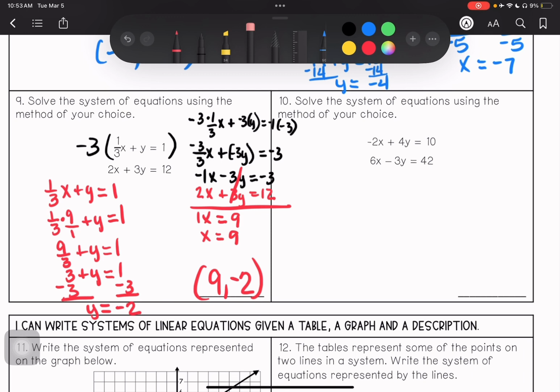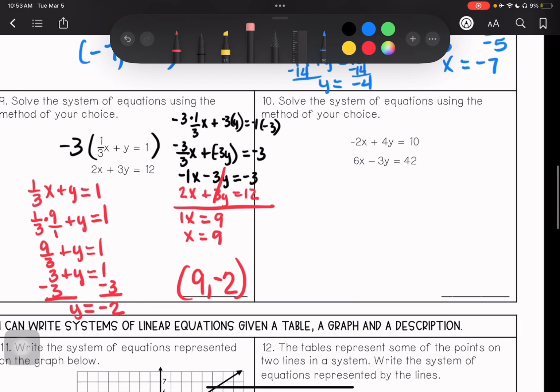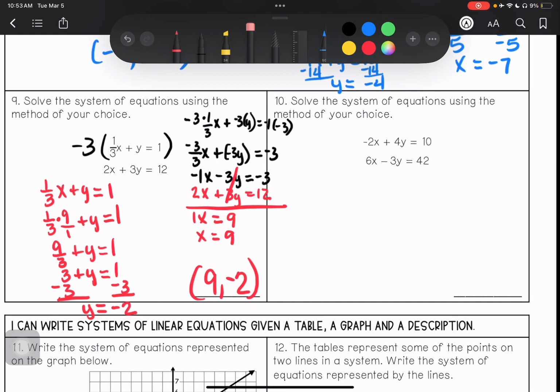Number 10, solve the system of equations using the method of your choice. Again, I'm going to use elimination. I'm going to multiply the first equation by positive 3, and that gives me negative 6x plus 12y equals 30.